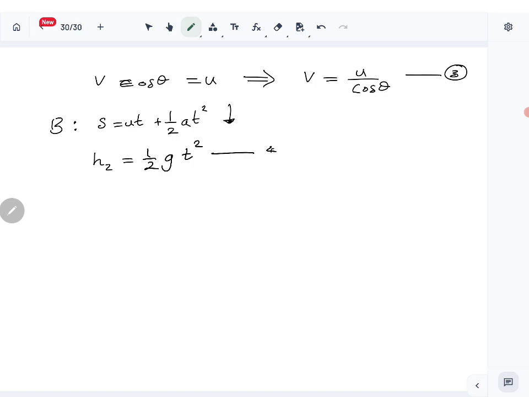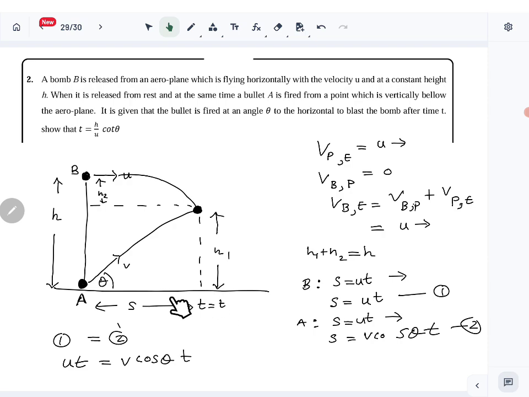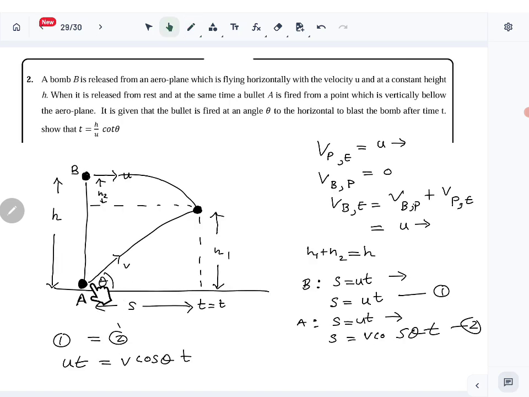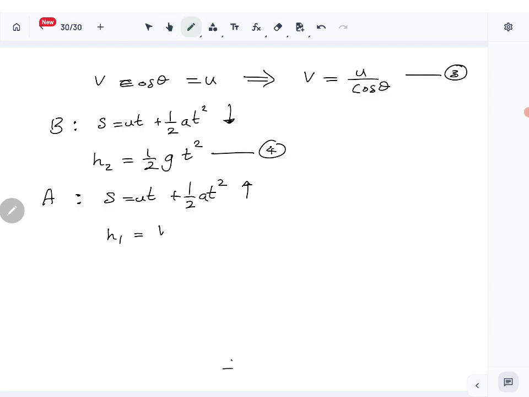Let's mark it as the fourth equation. Then for A, the bullet, s equals ut plus half at squared, going up. Now displacement we are measuring from the ground, so h1. This has a vertical velocity at the beginning, so V sine theta times t minus half g t squared. Why? Because acceleration is negative when you are applying it upward, right?